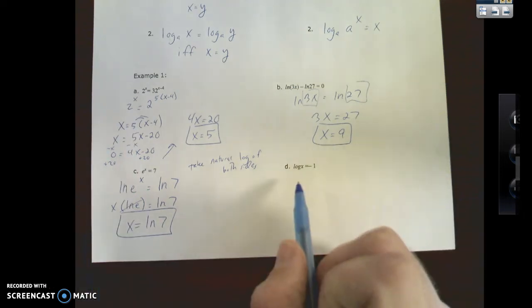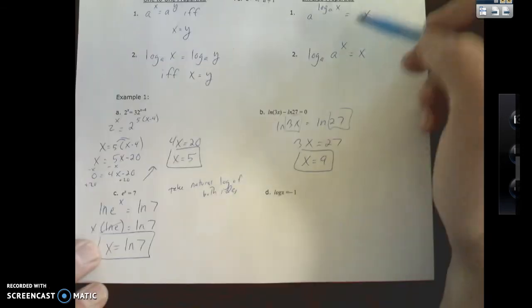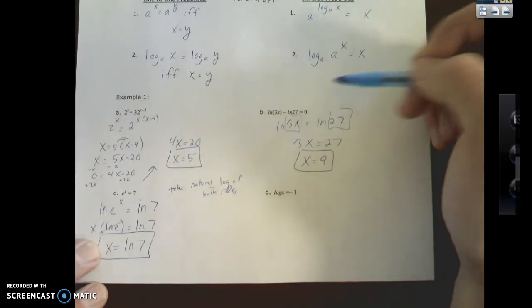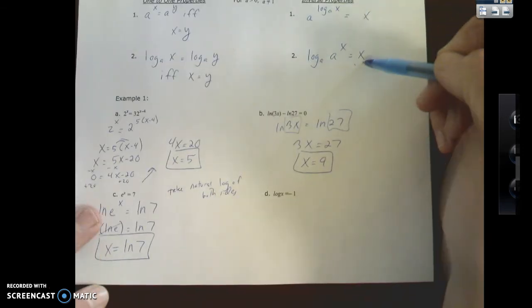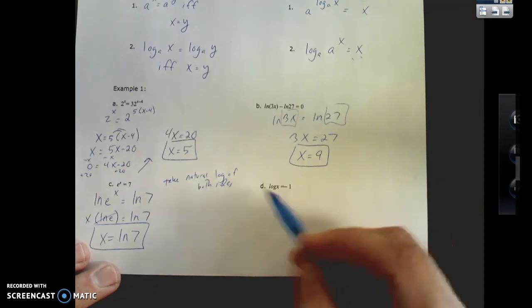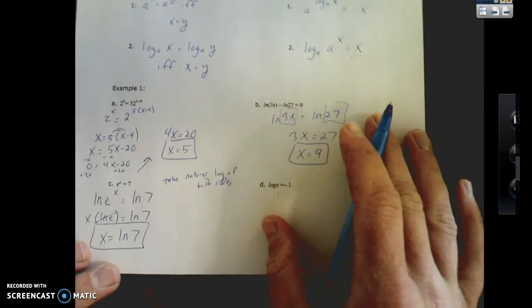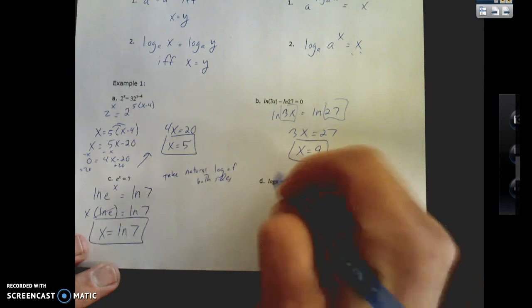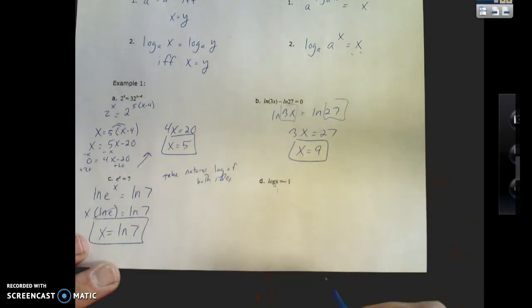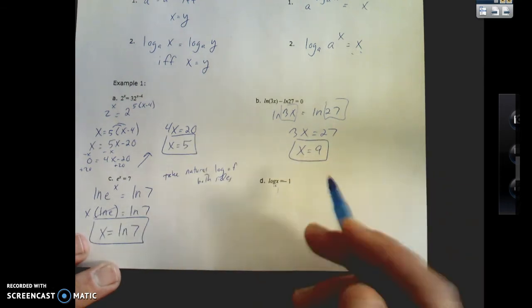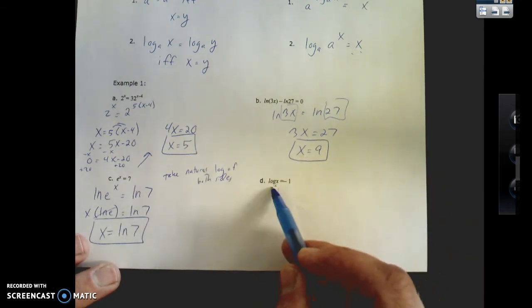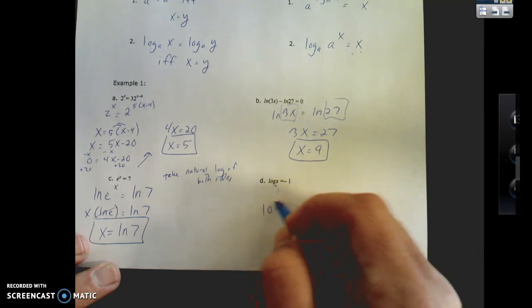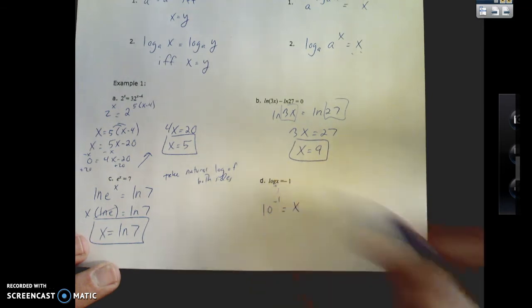All right. Finally, part D, this is where these properties over here are really going to come into play. This is what we did right here, but I'm actually going to show you an even easier way that I thought just makes way more sense because it's something that you already know. The base of a regular common log is 10. There's a little 10 written down here, even though it's not there. I'm just going to rewrite this. 10 raised to the negative 1 power equals x.